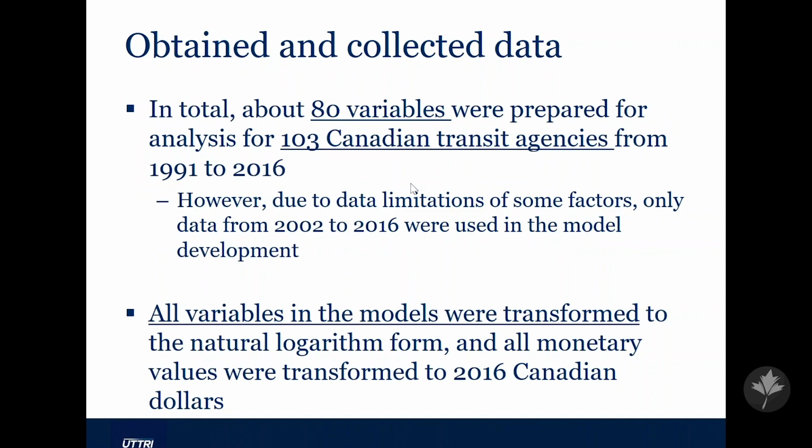In total, we gathered data on 80 variables in those 4 categories for 103 transit agencies across the country. So for each transit agency, we had information about 80 variables for about 15 years, from 1991 to 2016.